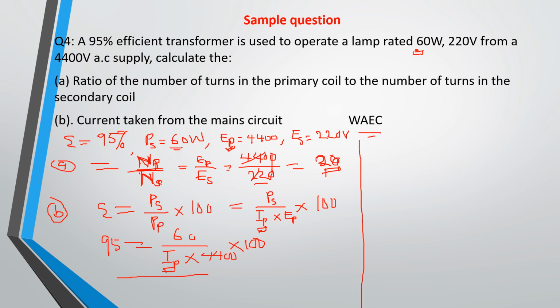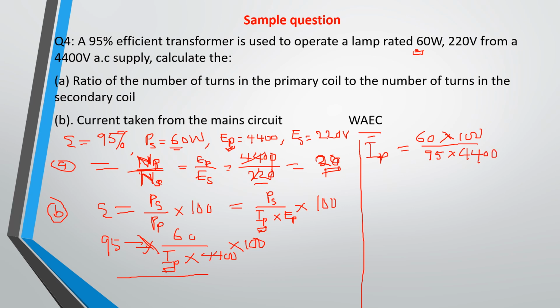So we can have that the current in the primary will be equal to, when you do your cross multiplication and you make that the subject, it will be equals to 60 times 100 times 100 all over 95 times 4400.